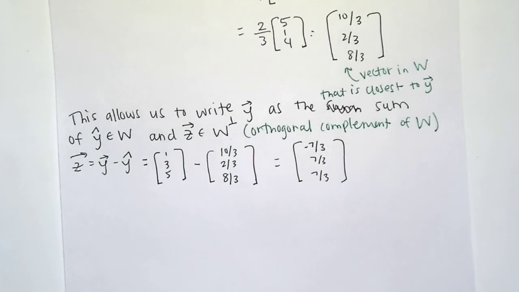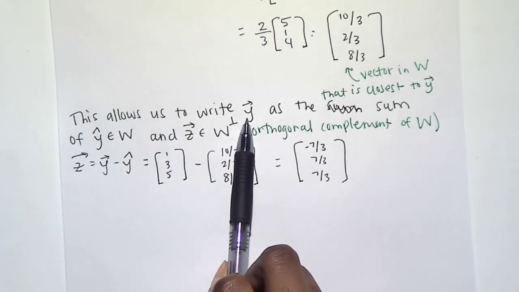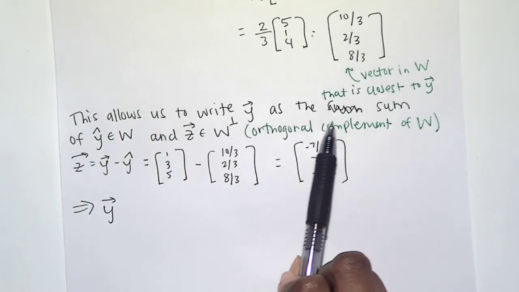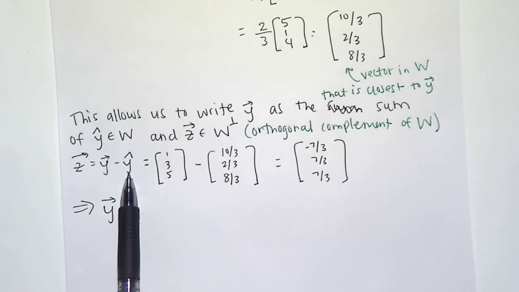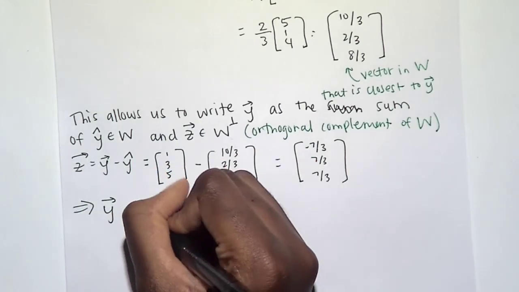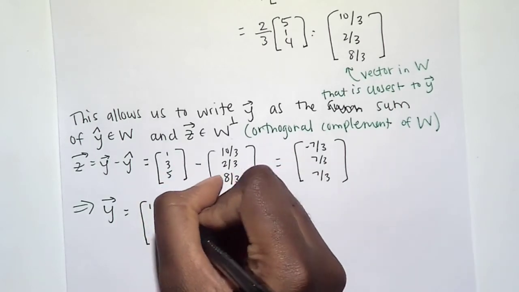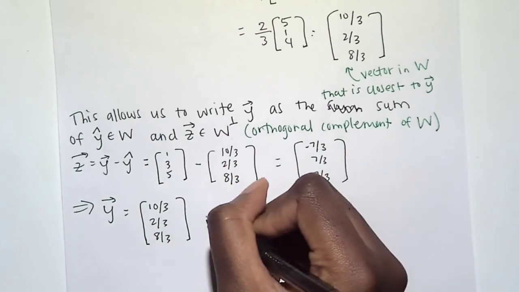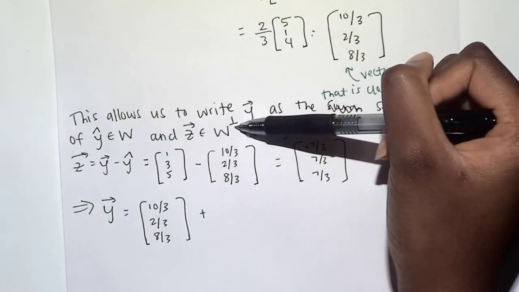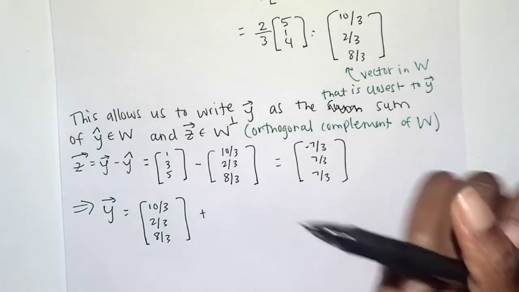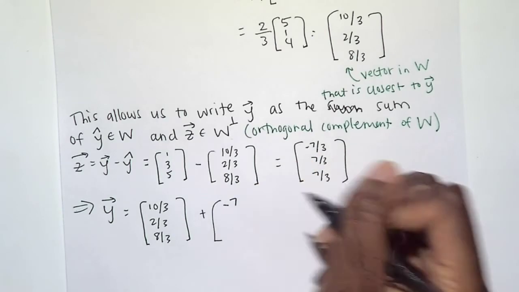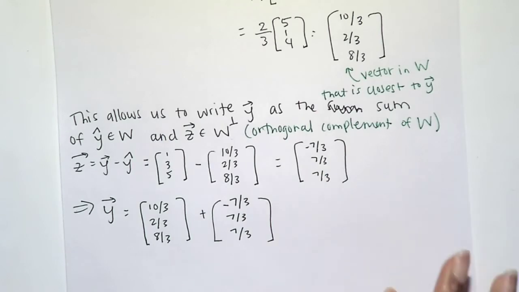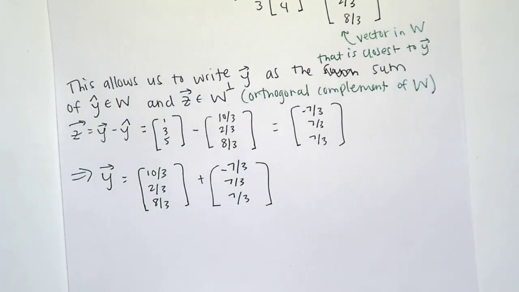And so my statement said this allows us to write Y, so that means our vector Y can be written as the sum of Y hat plus something in the complement, which is the Z. So that's interesting.